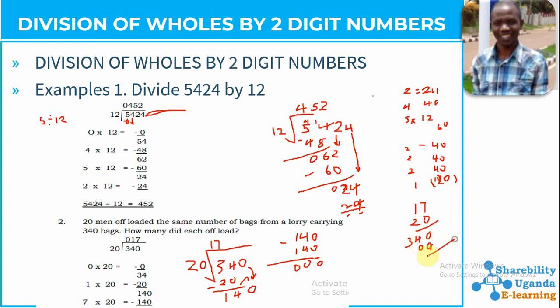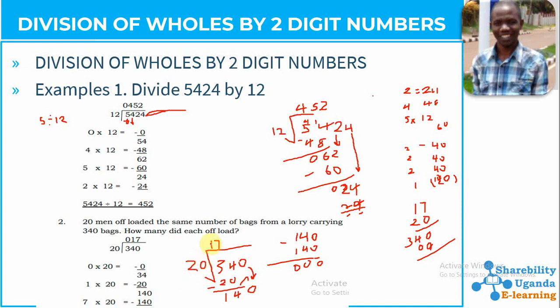So we have proved our answer that when we say 340 divided by 20, we shall be able to get our 17. So that's how we can use our long division. You just only need to know how many times our number enters into 20.